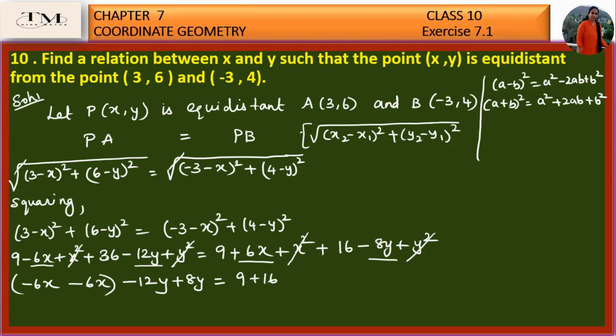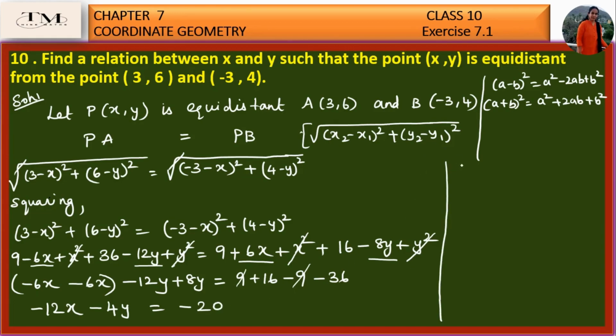On the other side we have plus 9, which will become minus 9, and plus 36 will become minus 36. Minus 6x minus 6x is minus 12x. Minus 12y plus 8y is minus 4y, which is equal to plus 9 and minus 9 get cancelled. 16 minus 36 is minus 20.